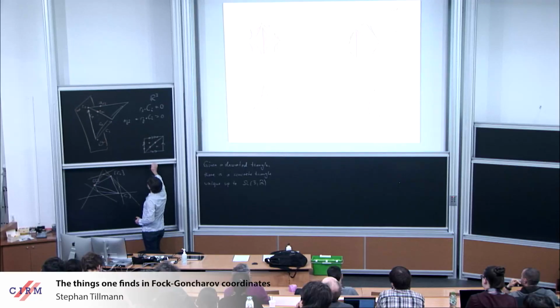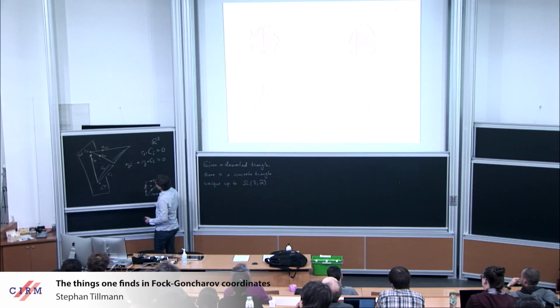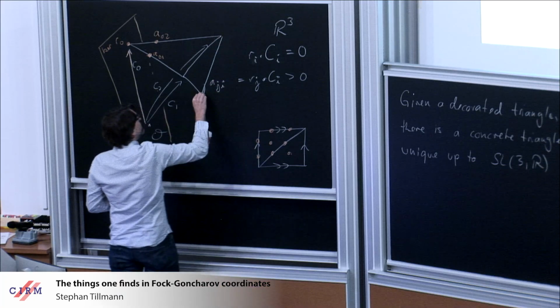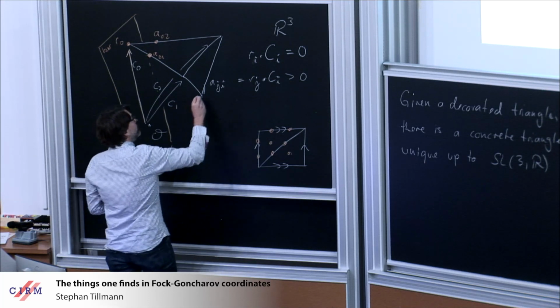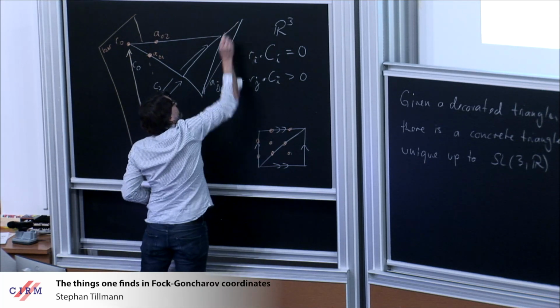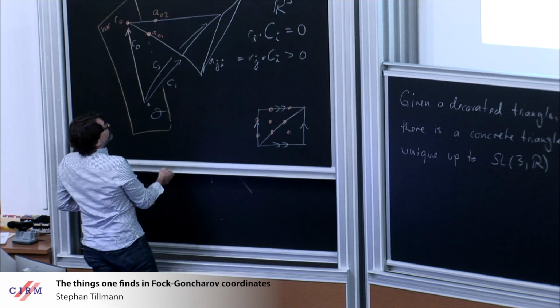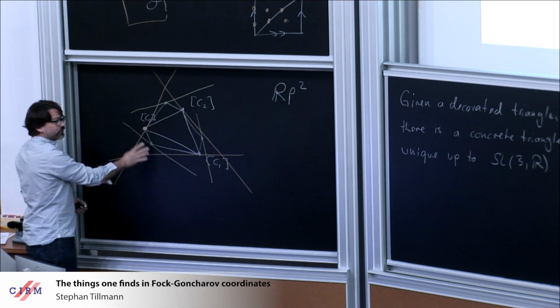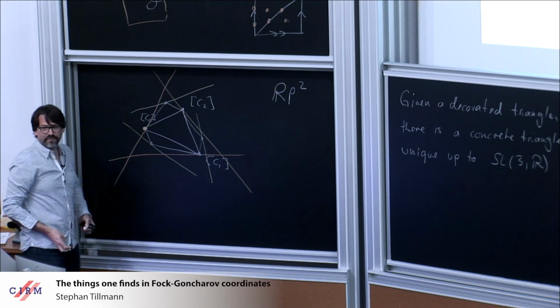And so I said uniquely determined. So here's our first triangle. We've put it in. And now maybe comes the next triangle. It looks a bit like maybe this here. And then comes the next triangle. It looks a bit like this here, and so forth. And it's very hard to draw. I find it hard to draw these pictures in R3. I find it easier to look down here. Okay.